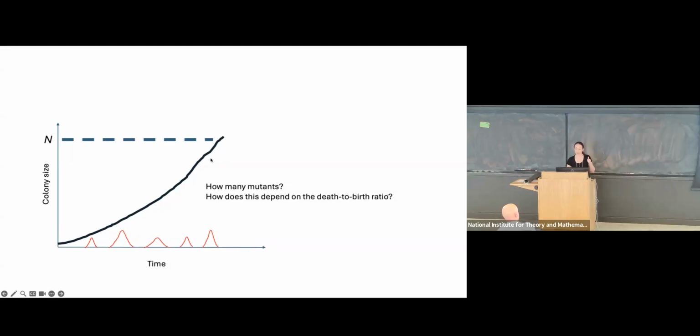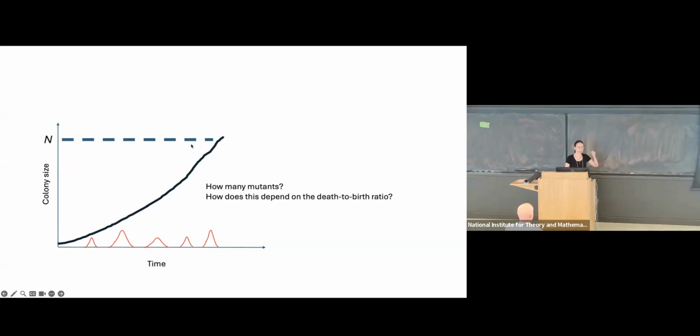So as this thing grows, let's think what happens if you change the death to birth. In the absence of death, it takes a certain number of cell divisions to go from here to here. How many? It's N, right? You start with one cell, no death, you stop at N. I guess it took N minus 1 cell divisions.